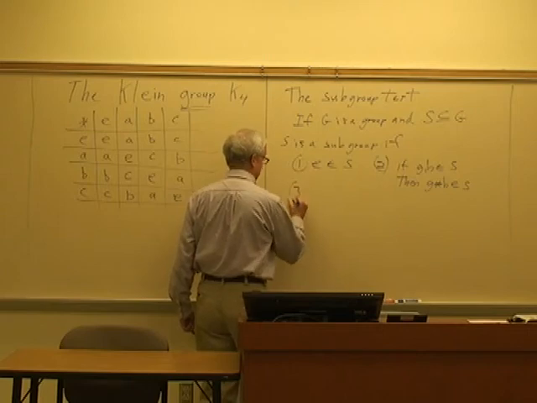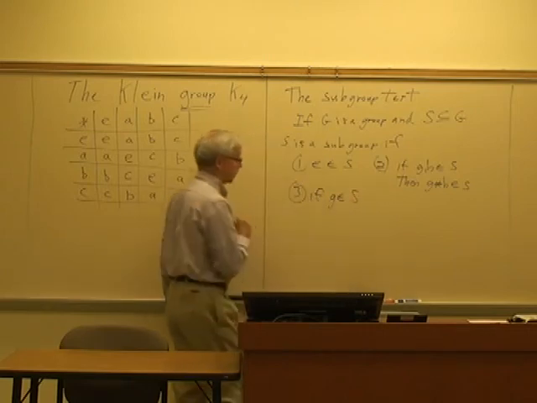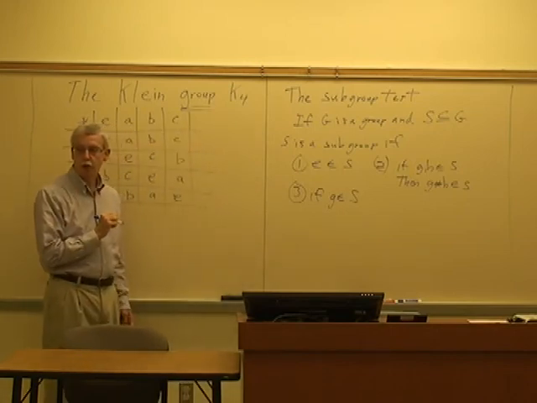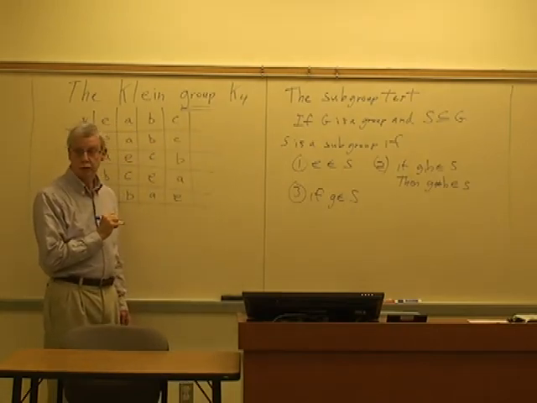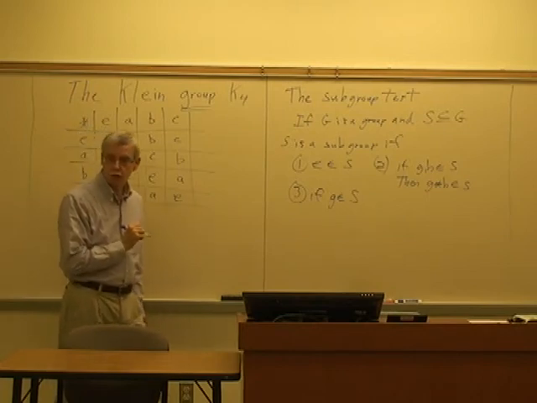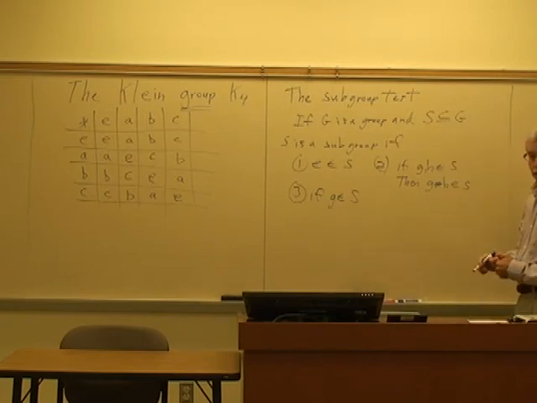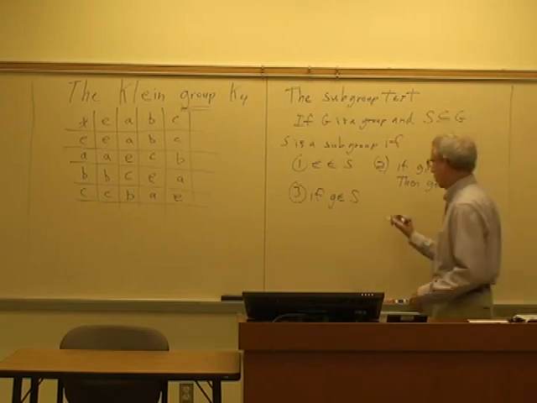And one more thing, if G is in my subset, what else must be in there to make a group out of this? If it's a group, what's the obvious other requirement? It's inverse, good.